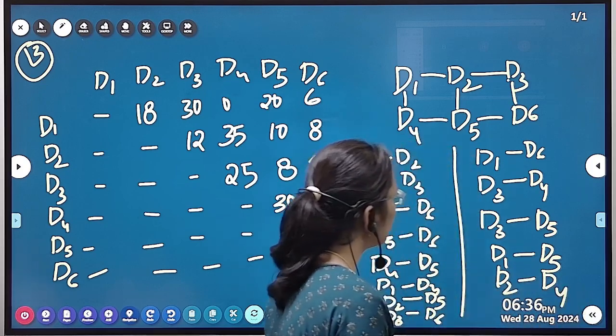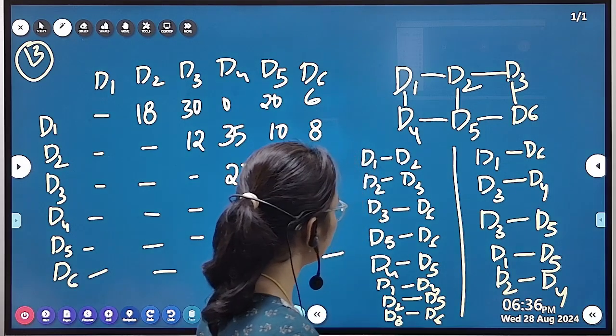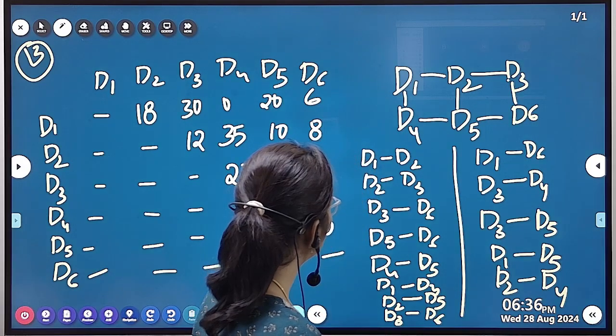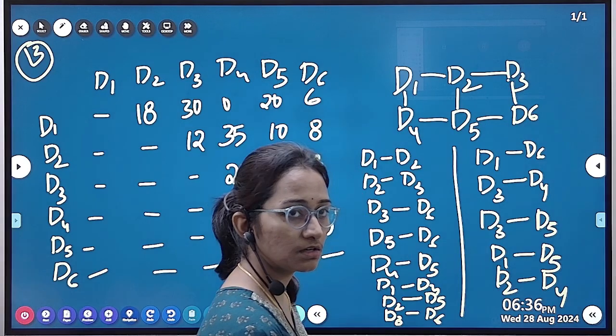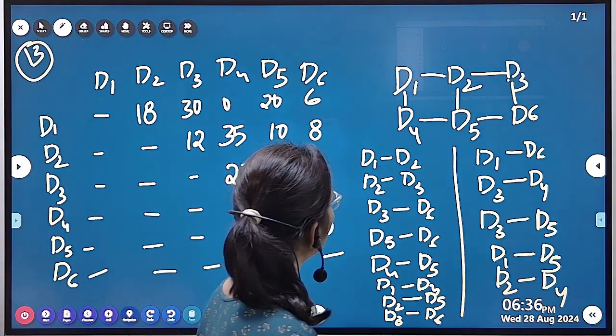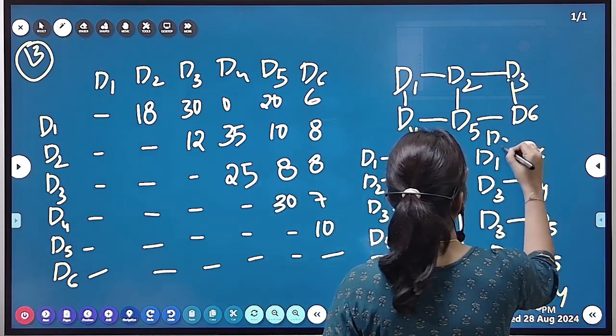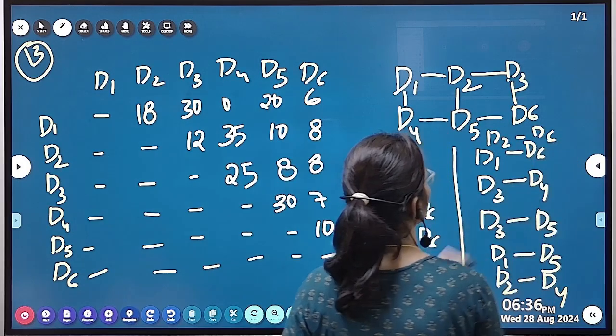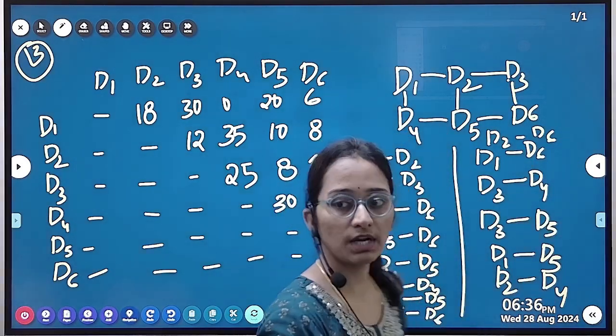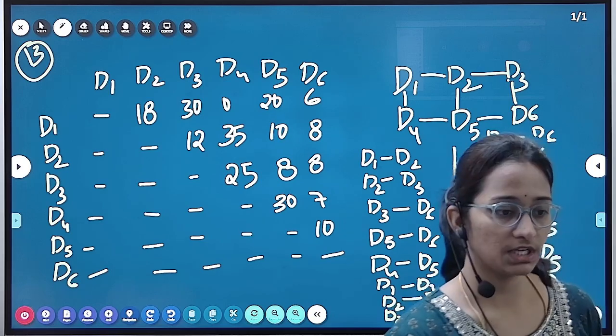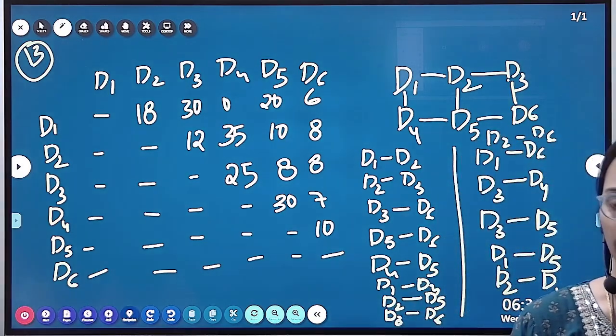So these are the non-adjacent pairs. One more is missing, I think. D2 to D6. Yes, D2 to D6. So these are the non-adjacent pairs which are not connecting.